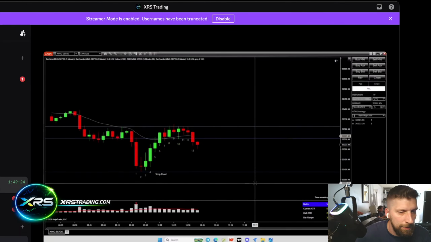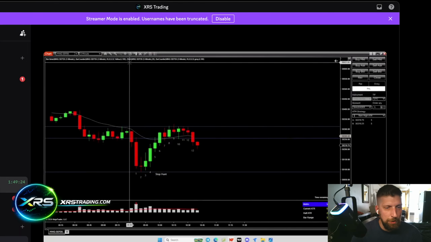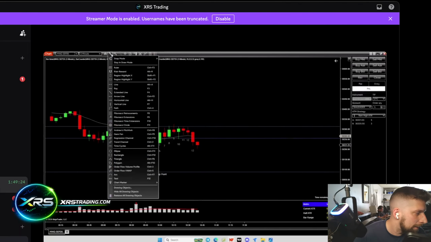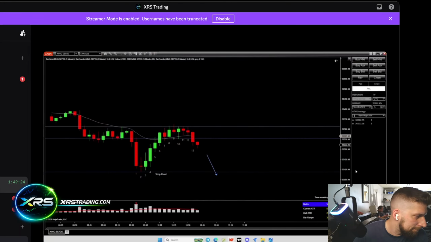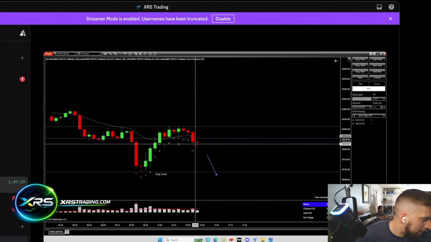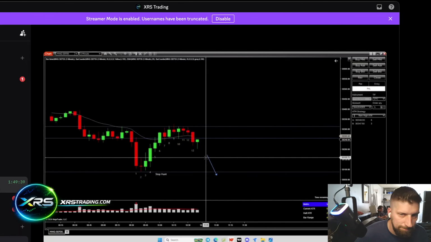Yeah, so that's basically where the order block is. So then what I'd be looking for is a trade to about there. Yeah, that makes sense. But this has to show me that it wants to go there.